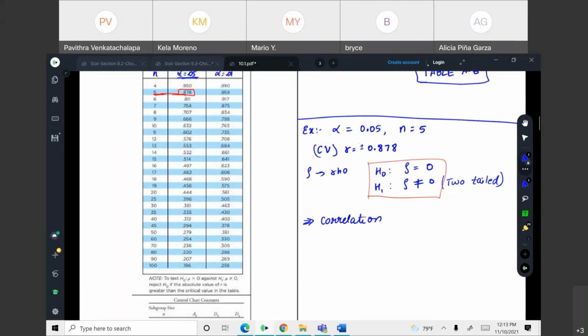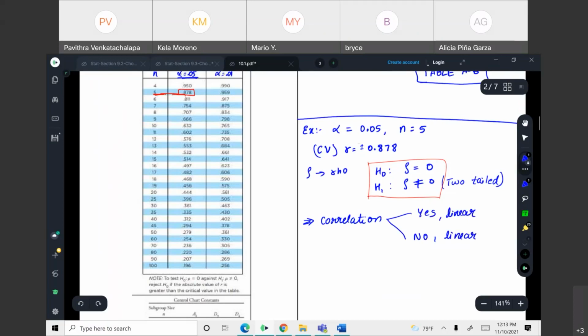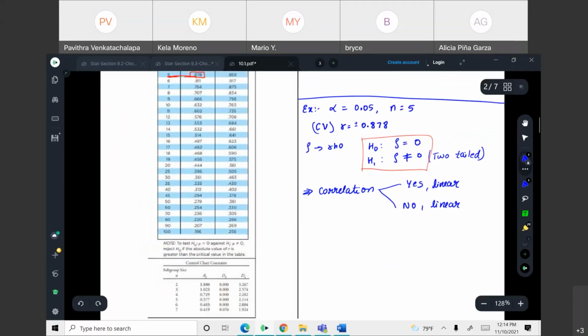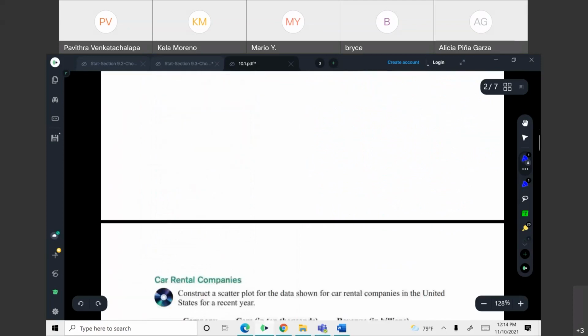There should be only two things, whether yes or no, whether it is a linear relationship or not a linear relationship. So it has to be equal to or not equal to. Get it? So it cannot be greater than or less than. It will most probably be this kind of problem, and that is why null and alternative hypothesis will have this symbol. Got it?